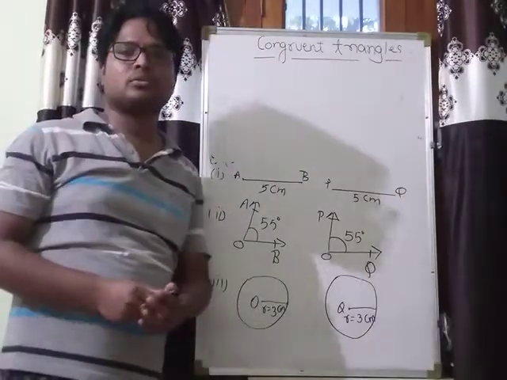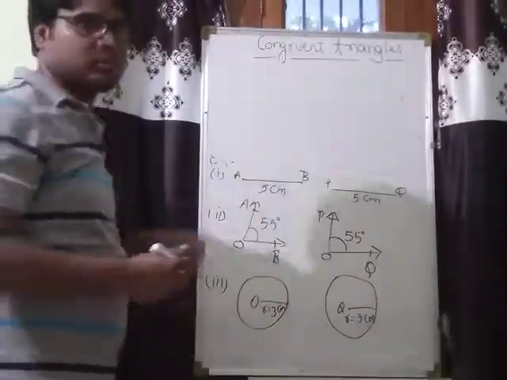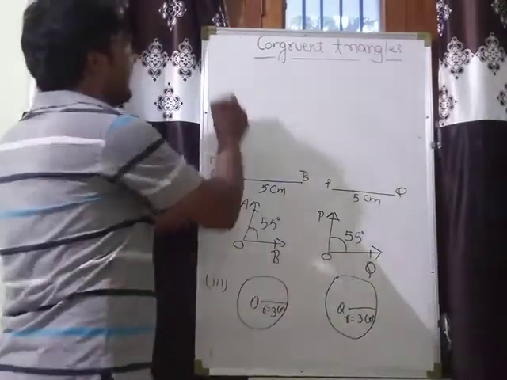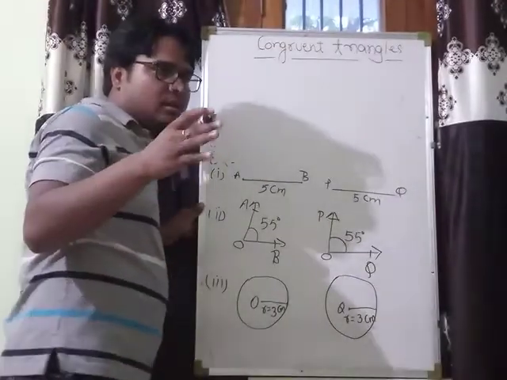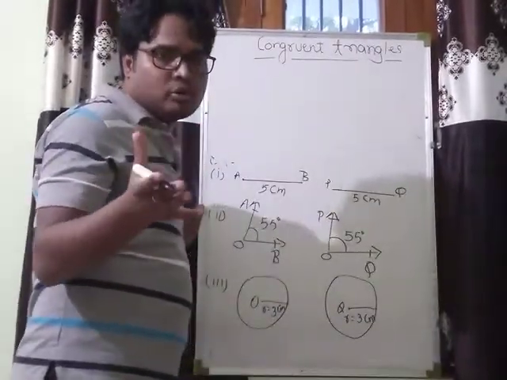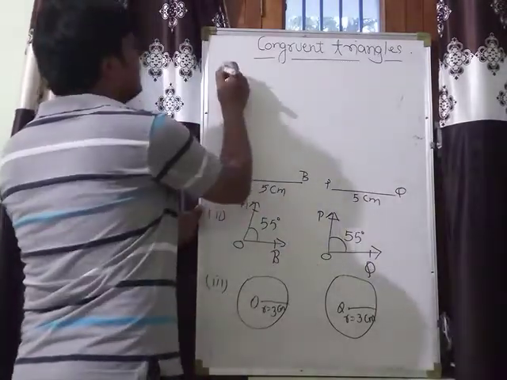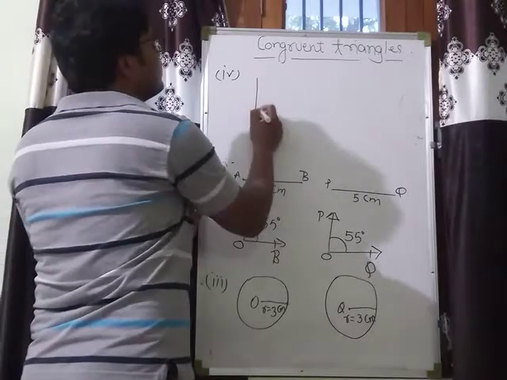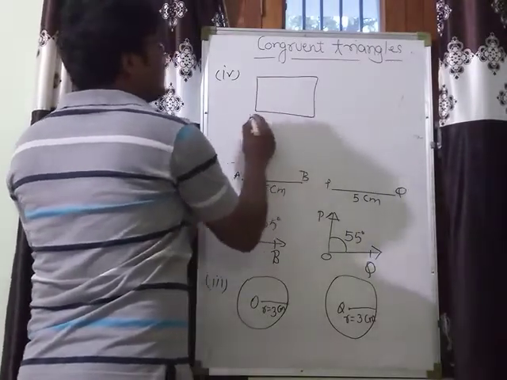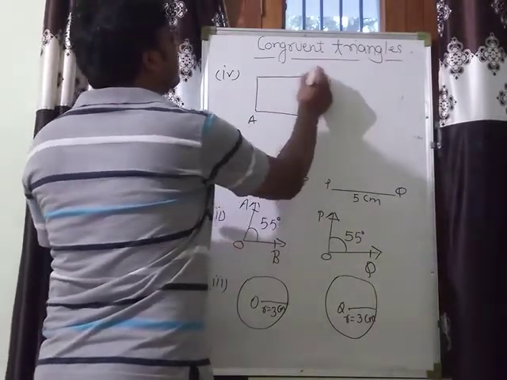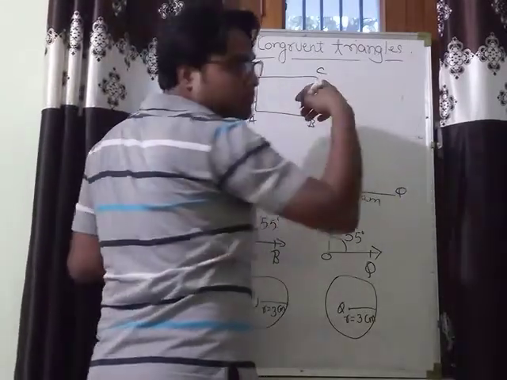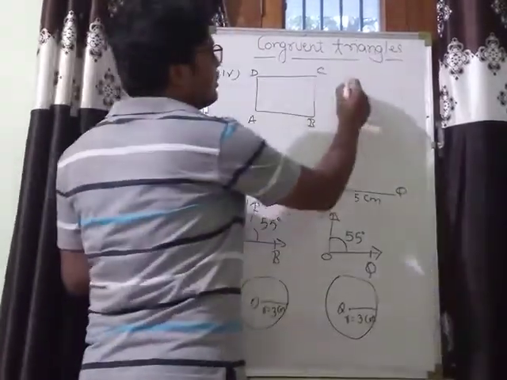Two pages of your notebook or book, and what is the shape of notebooks? That is a rectangle. So that is the fourth example, rectangles. That is ABCD, and then another must also be a rectangle.